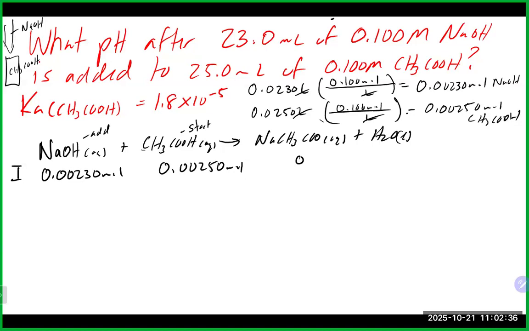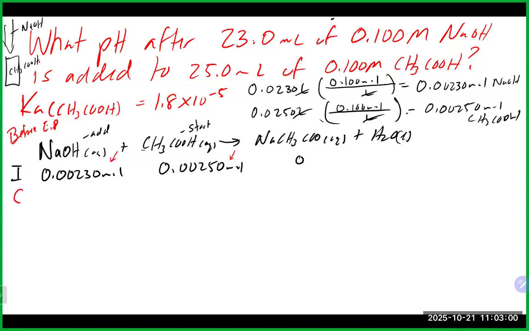I am before the equivalence point, and I know that because the moles of what I'm adding is less than the moles of what I'm starting with. So I know I haven't reached the equivalence point yet. Otherwise, those would be equal, right? And I'm not past the equivalence point because the moles of what I'm adding is still less than what I started with in terms of the acid.